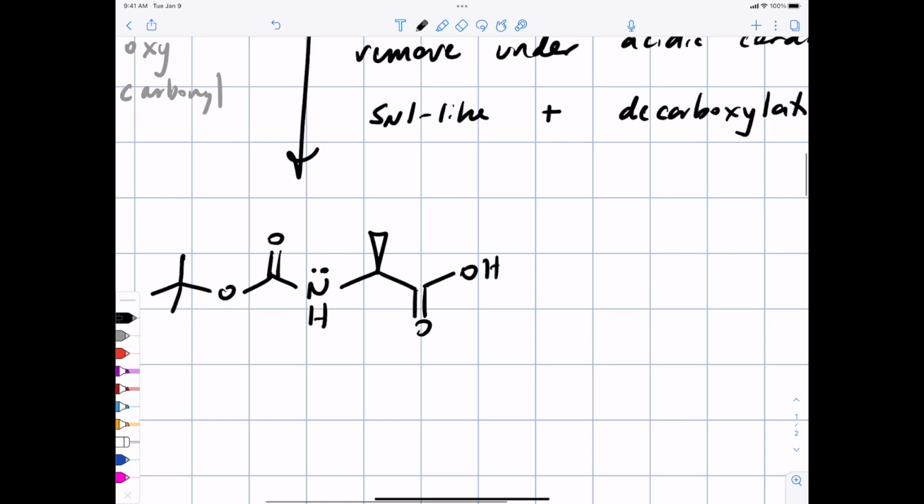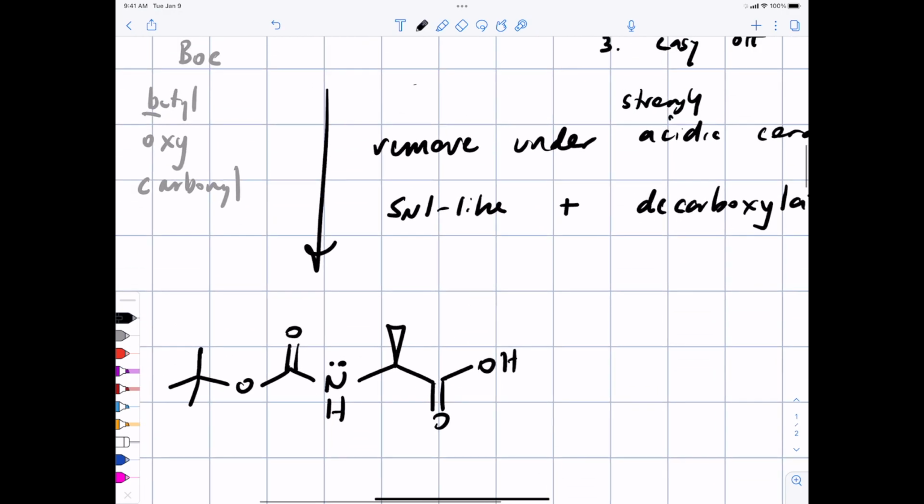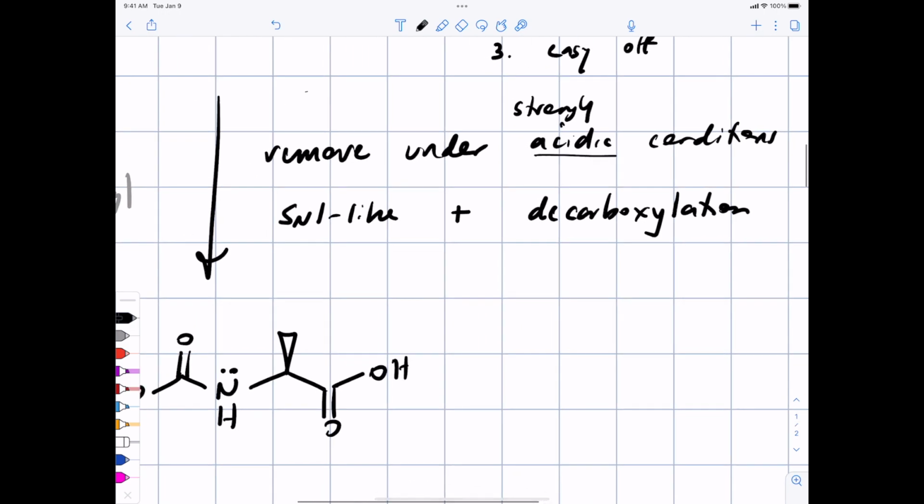Under acidic conditions, you need a strong acid. This can be HCl or it can be trifluoroacetic acid.